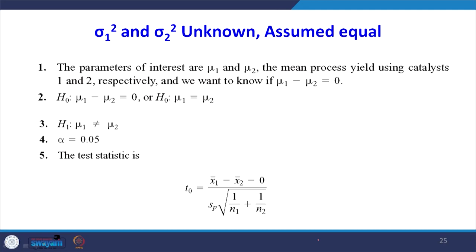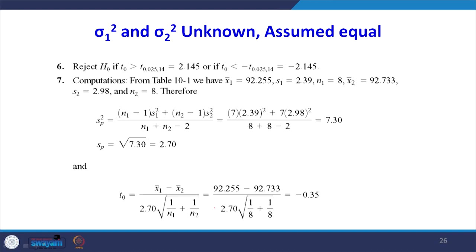The test statistic is T0 equals x1 bar minus x2 bar minus the assumed difference in the mean, divided by Sp times the root of 1 by n1 plus 1 by n2. Here Sp is the pooled standard deviation; Sp square was inside, so we brought it to the left side.